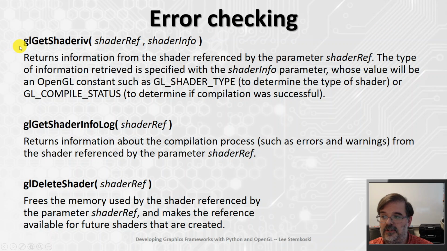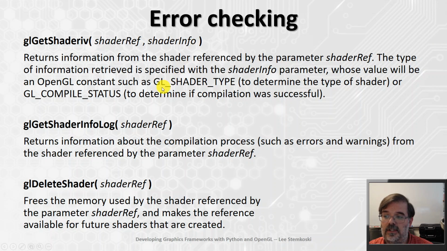First is the function glGetShaderiv, and that returns information from the shader. Again, we reference the shaders by that parameter, and you can retrieve different types of information about that shader, and the type of information that will be retrieved is specified by this constant, shaderInfo.